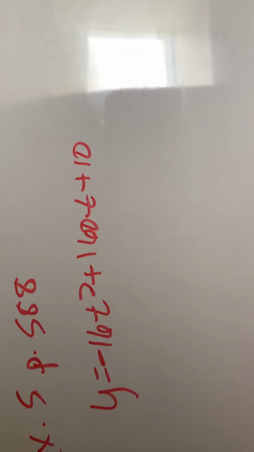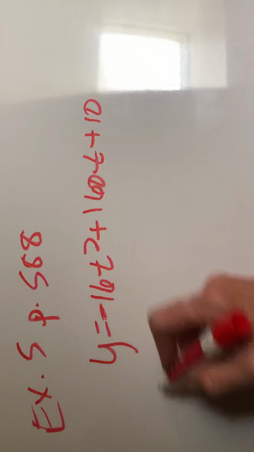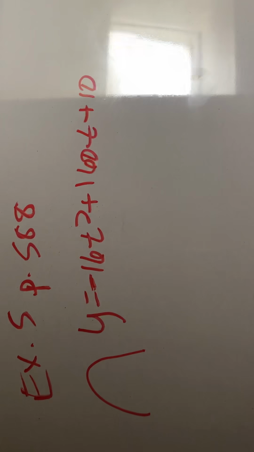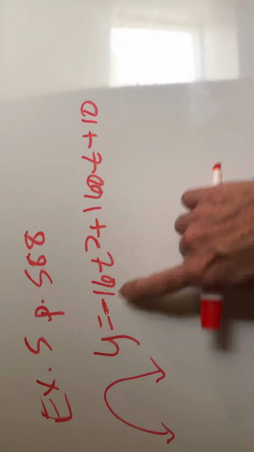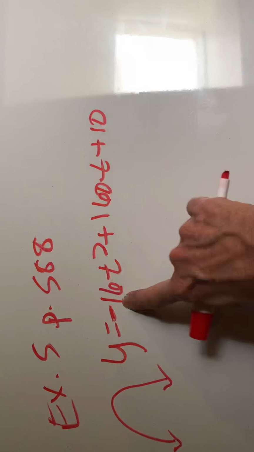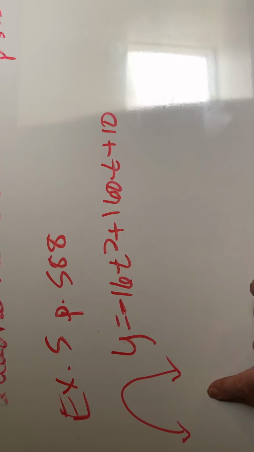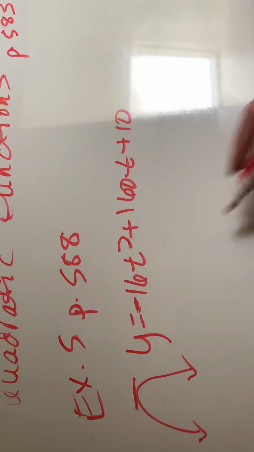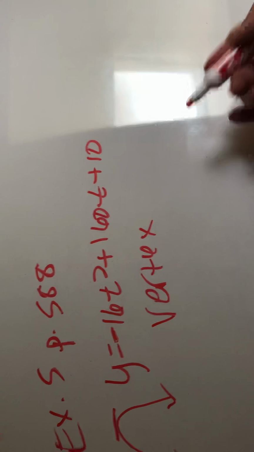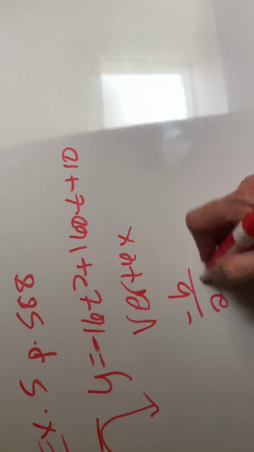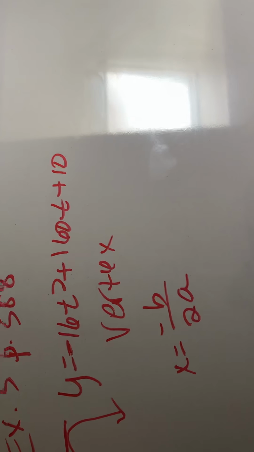So if we want the highest point, notice this is negative, so this parabola would open down because that's a negative. We talked about that before. If the quadratic term, the squared term, is negative, then it opens down. We want this highest point and the time it takes to reach it. So we want the vertex. To find the vertex, you start by finding your axis of symmetry, that x equals -b over 2a.